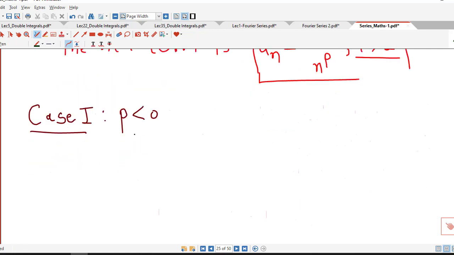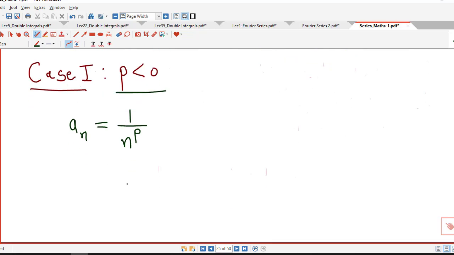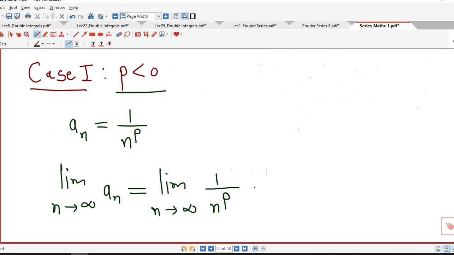For p negative, we apply the nth term test for divergence. Suppose we consider 1 over n raised to p, and here we assume that p is negative. So we check the limit of the nth term. Limit of an is equal to limit as n tends to infinity of 1 over n raised to p. Now p is negative, so suppose p equals minus m, where m is a positive real number.